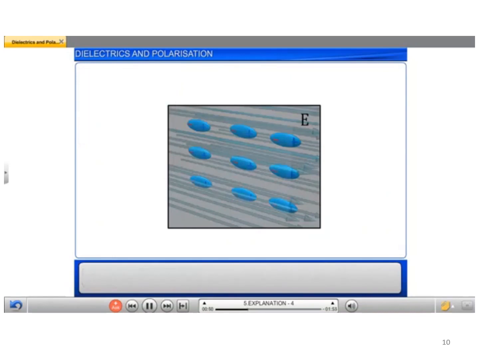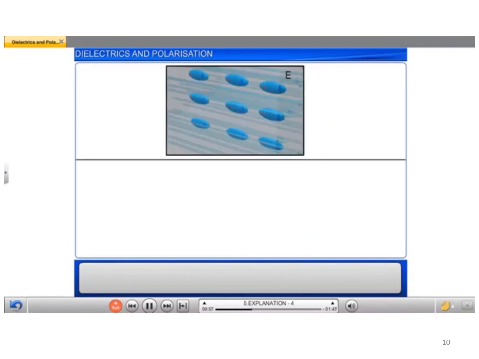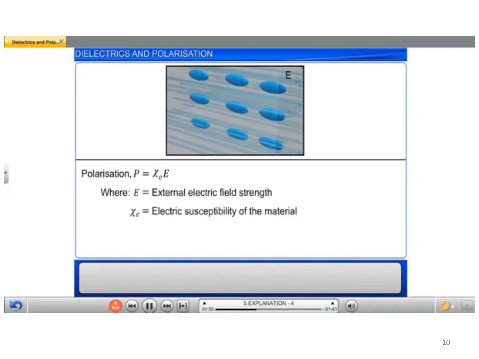For linear isotropic dielectric materials in a uniform external electric field, the polarization P is equal to psi E into E, where psi E is the electric susceptibility of the material.